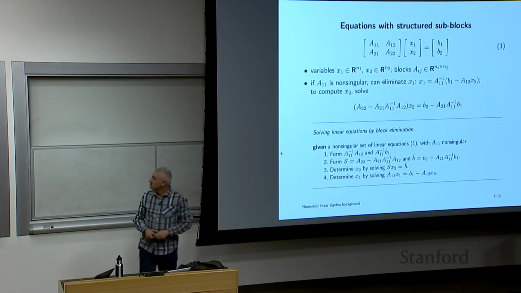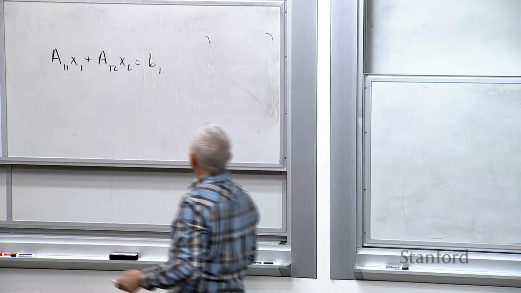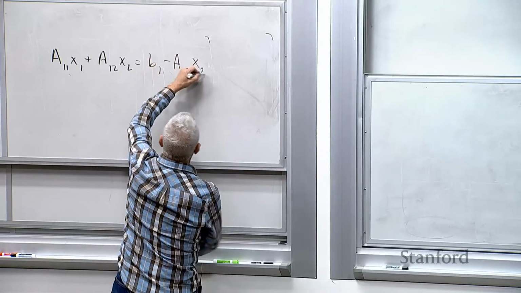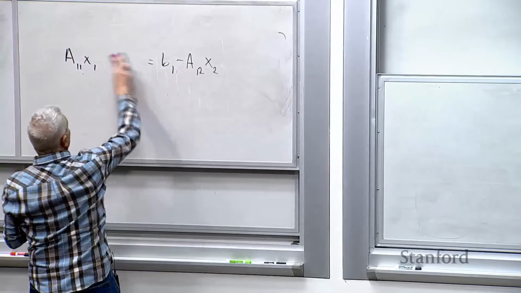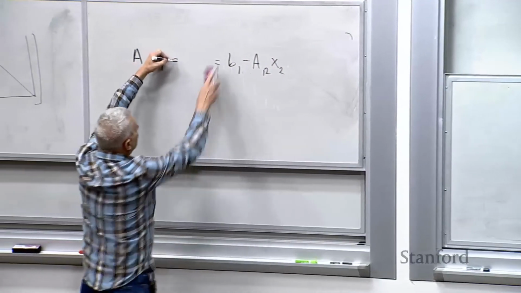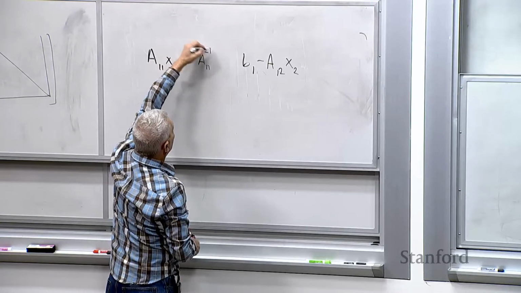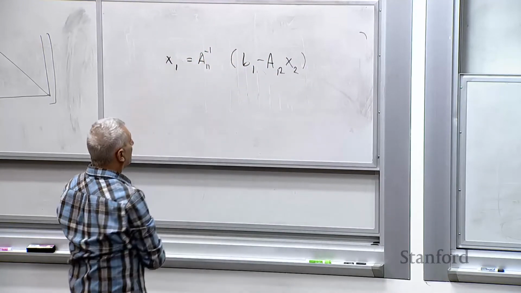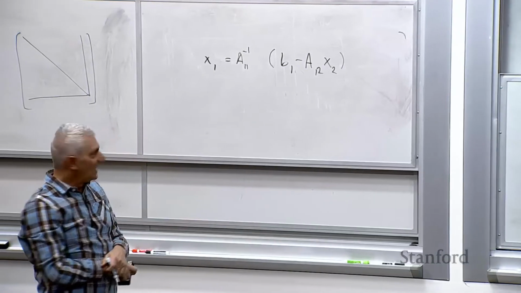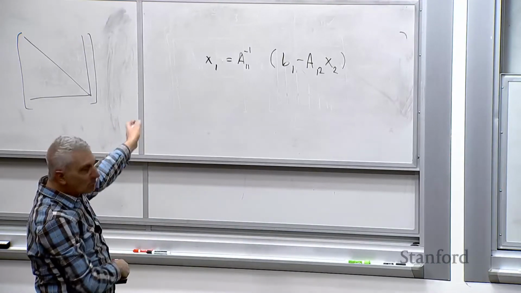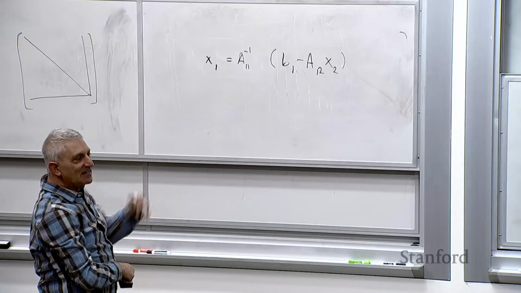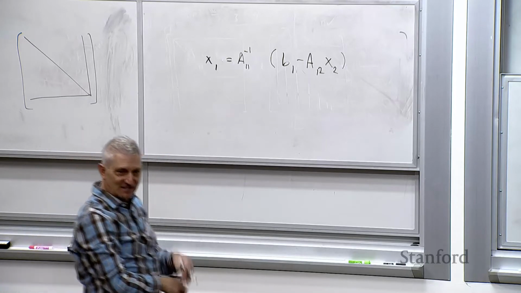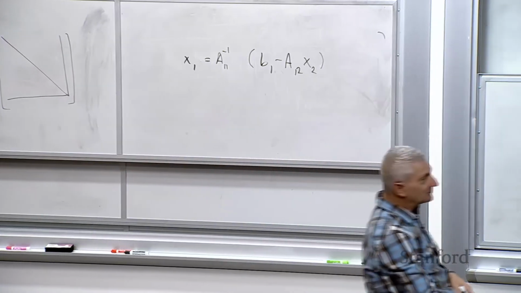Then I could do this: x1 equals A11 inverse times b1 minus A12 x2. By the way, already this is hinting that it's going to be interesting when A11 is easy to invert. That's going to be the interesting part. But we'll get there.